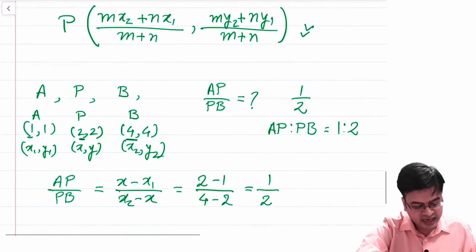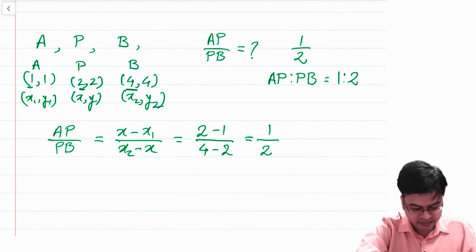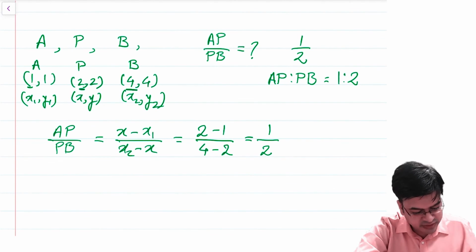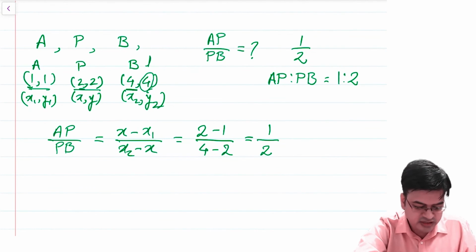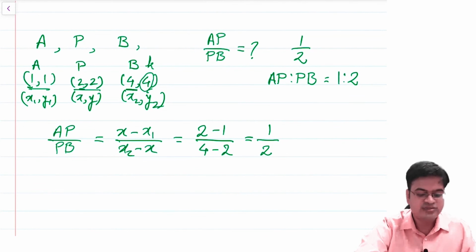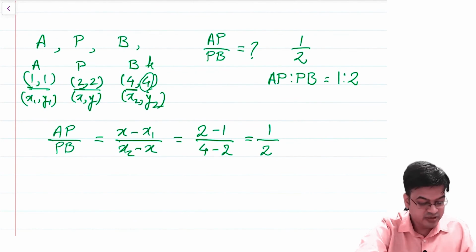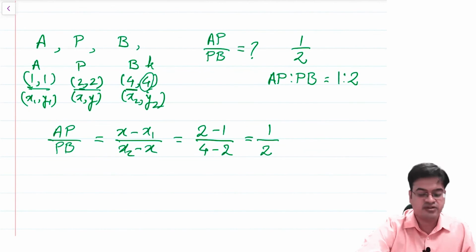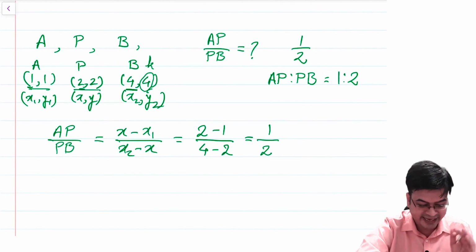Okay. And the third type of question that may come is, suppose you have been given these 2 points A and P, and you have not been given this point. Let us say this point is K, and then you may be asked to compute this point K. In that case, what you will do? Let us do it now, because I have anyway not used the value of K, right?